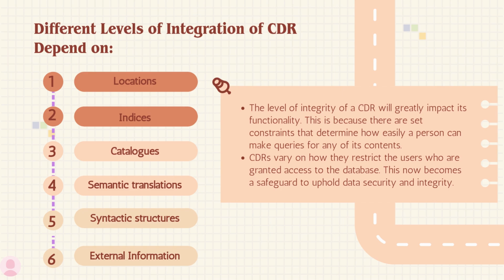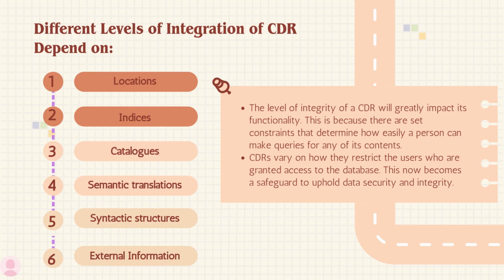Now, the different levels of integration of CDR depend on six things: one, locations; two, indices; three, catalogs; four, semantic translations or equivalents; five, syntactic structures; six, links to external information. Now, the level of integrity of a CDR will greatly impact its functionality.